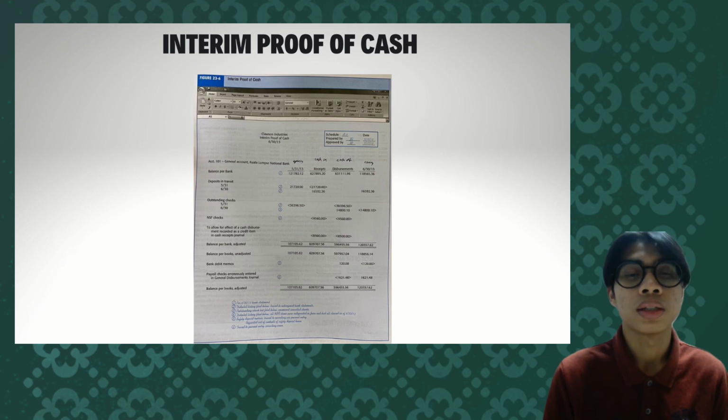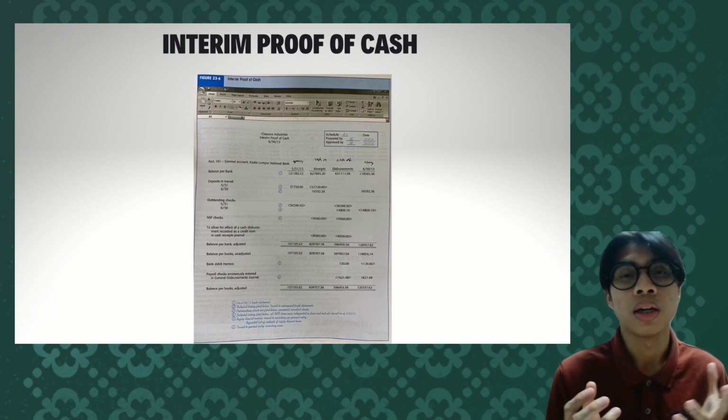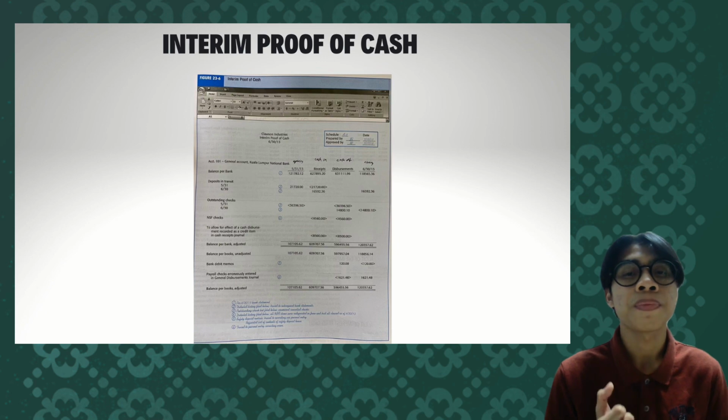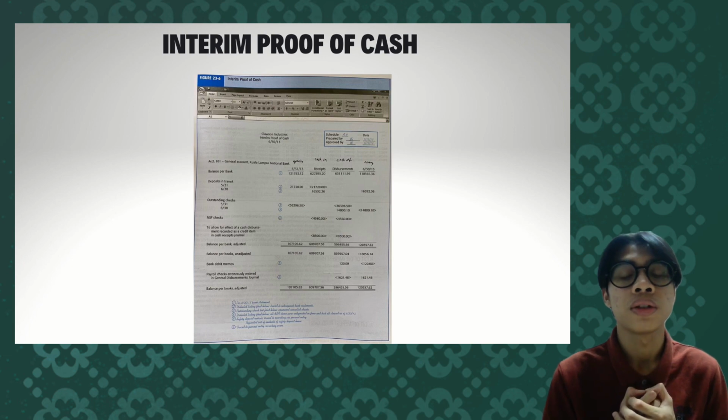Next slide is interim proof of cash. As you can see, this is figure 23.7. A timeline for interbank transfers is shown in figure 23.7 with 4 transactions occurring just before and after the balance sheet date.